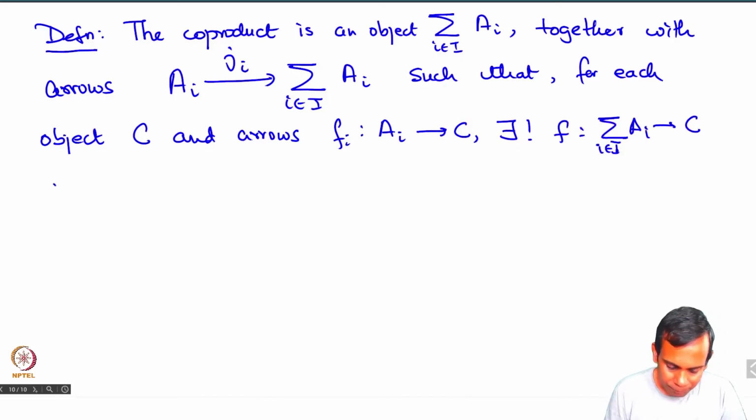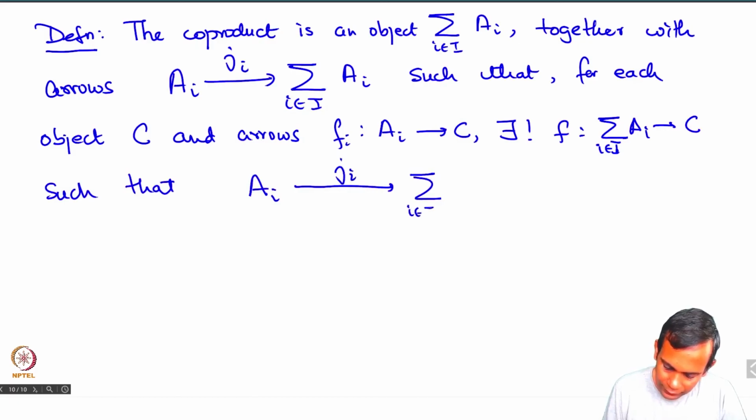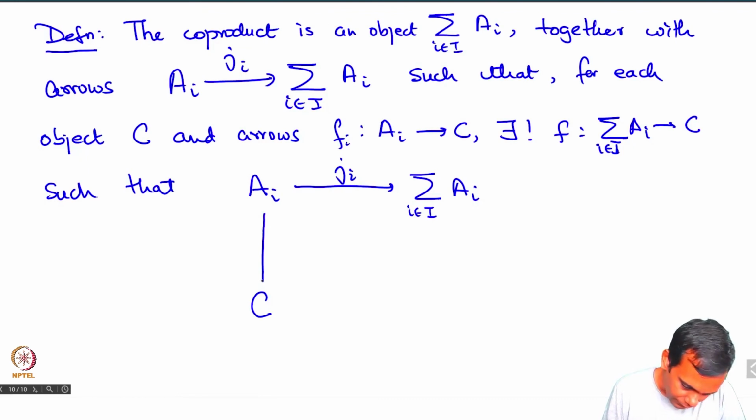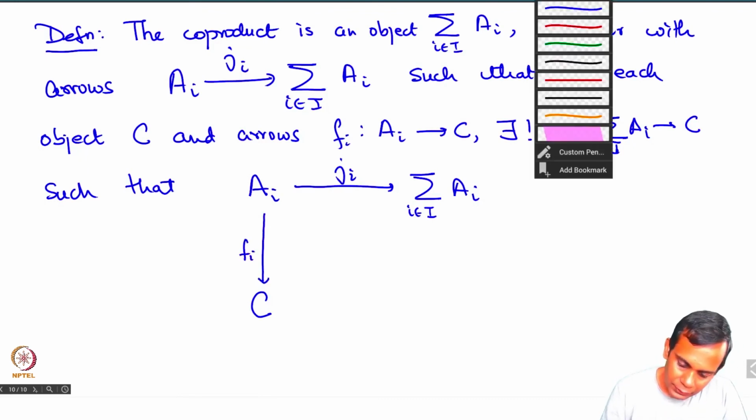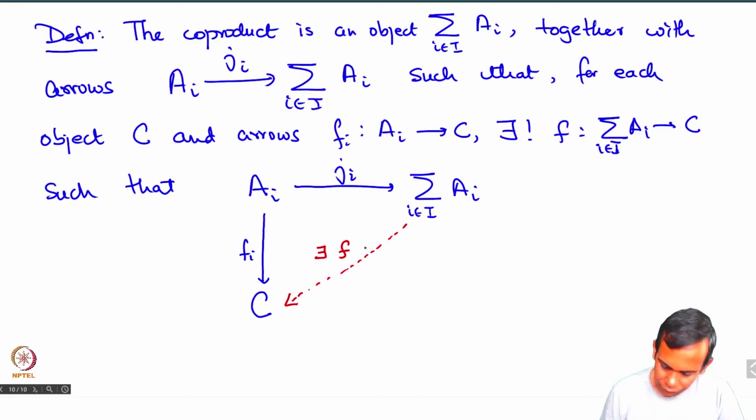So let me draw the diagram. So we have A_i, and for each i we have this j_i, i in I, to the summation of A_i, and we have this object C, and we're given, for each i, an arrow f_i, and the assertion is that there exists a unique arrow f, which makes this diagram commute for all i.